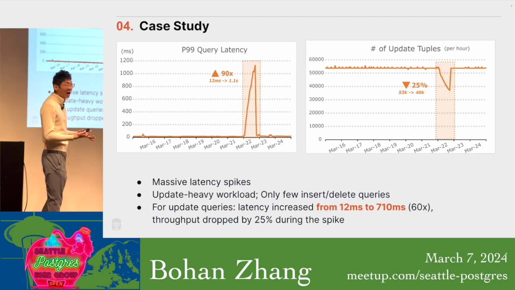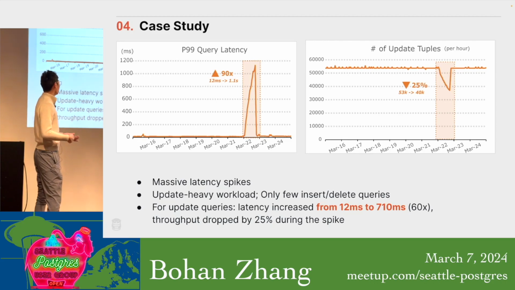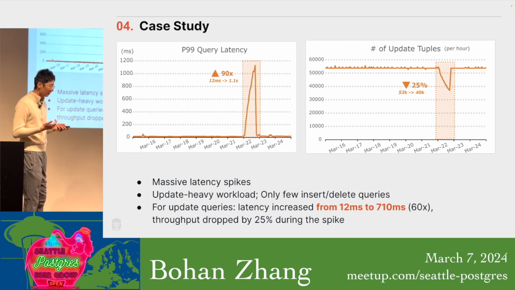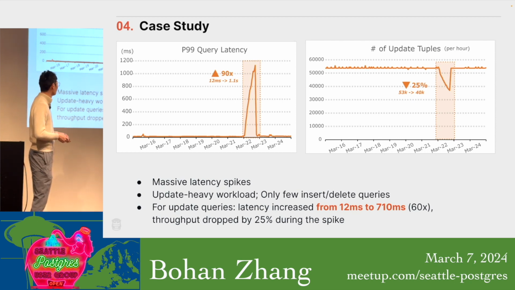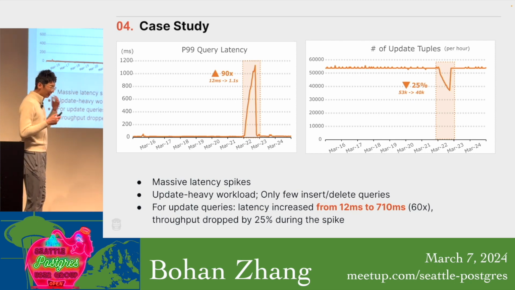So we found that it's an update-heavy workload, and it only has a few insert and delete queries, so we can ignore those. We think there's something wrong with the update queries, because the throughput dropped a little bit, by 25%.